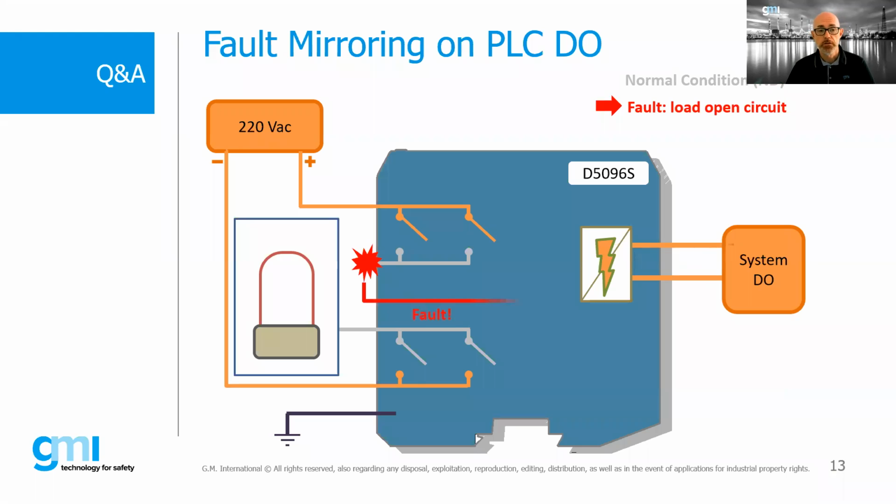This functionality is available both in the off state through the pulse test system and in the on state by reading the static electrical current. The DO card of a PLC system can detect the information relating to the field fault.